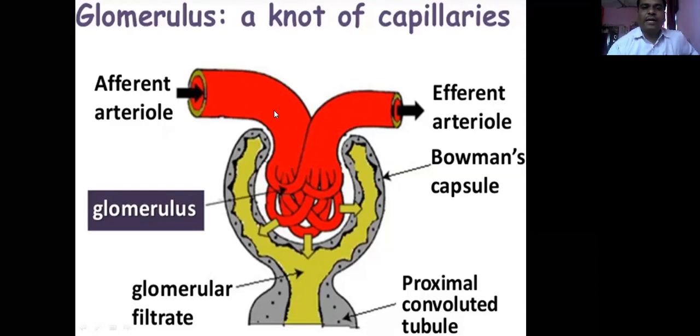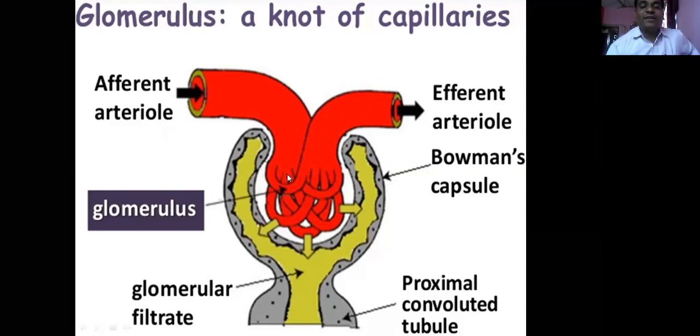These afferent arterioles become a very thin, mesh-like structure of vessels, the glomerular capsule, and these rejoin to form a specific type of arteriole, the efferent arteriole. At one end it joins with the afferent arteriole, and at the other end it joins with the efferent arteriole.